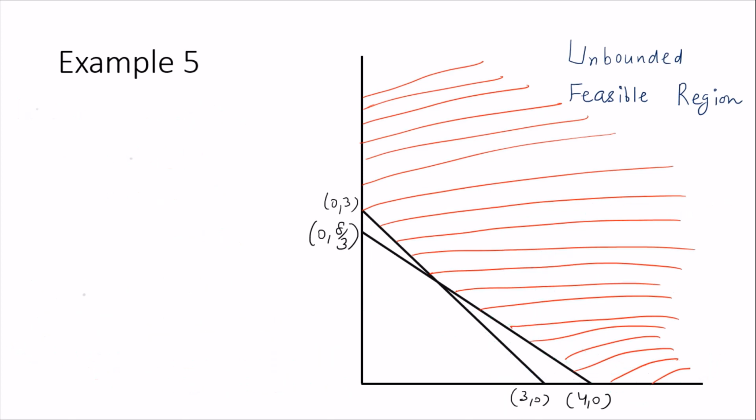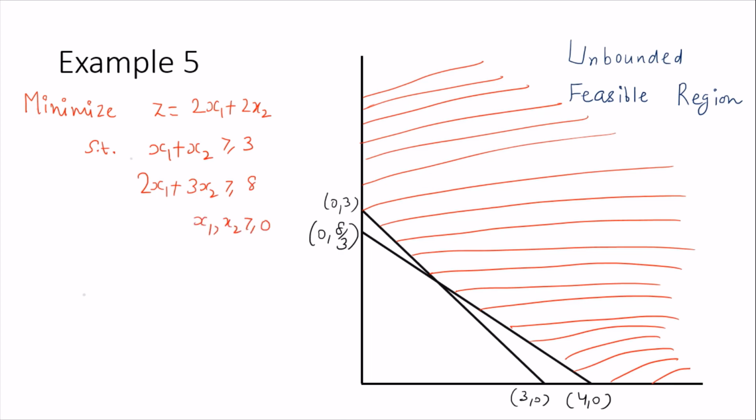Let's look at one more example. In this also I have kept the feasible region same, which is unbounded. So that means the set of constraints is same, but I have changed the objective function this time again. It's still minimize, but I have changed z to say 2x1 plus 2x2 subject to the same set of constraints which were giving me the unbounded feasible region.